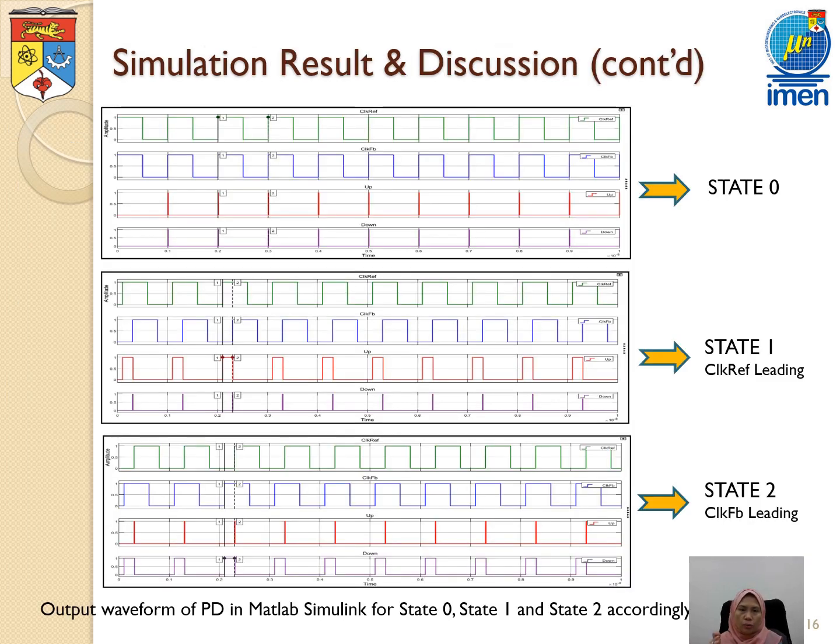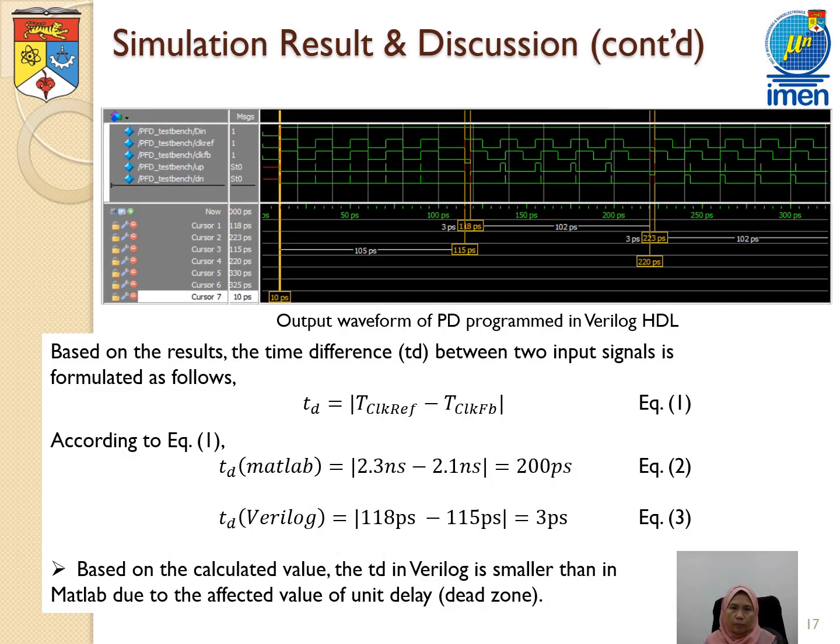So this is the simulation result of the PFD using MATLAB for step 0, 1 and 2. And this is the simulation result using Verilog for the PFD. This is step 0, 1 and 2.